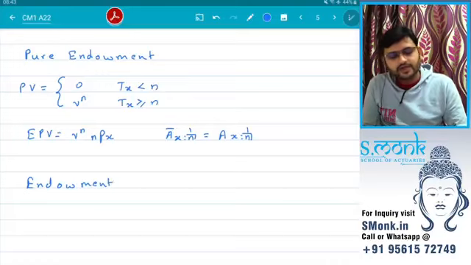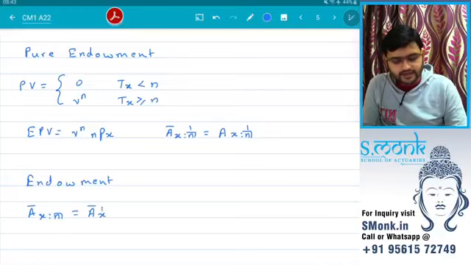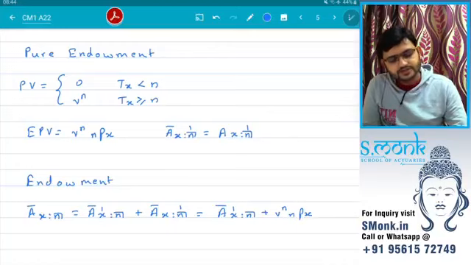We know endowment is term plus pure. So we'll say A bar x n must be A bar x dash n plus A bar x n dash. That is basically A bar x dash n plus v raised to n npx.